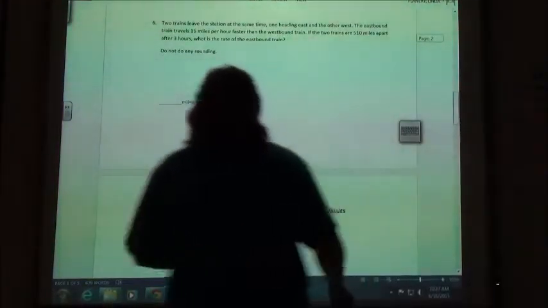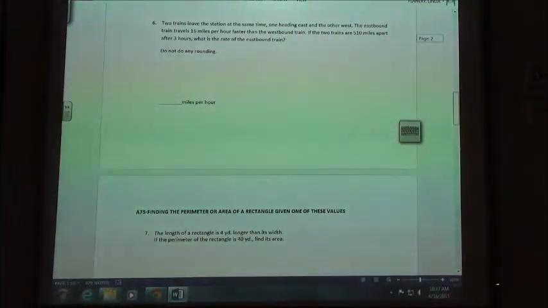Number 6 then. Two trains leave the station at the same time, one headed east, the other headed west. The eastbound train travels 16 miles an hour faster than the westbound train. If the two trains are 510 miles apart after 3 hours, what is the rate of the eastbound train?